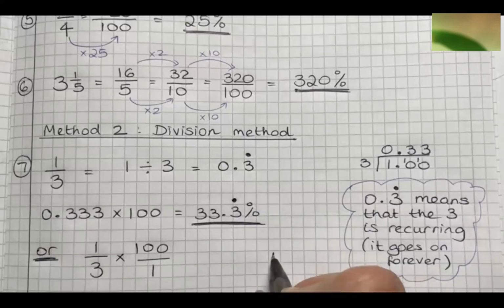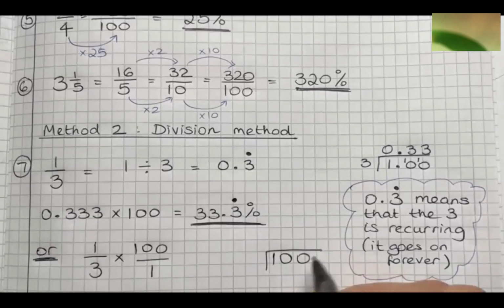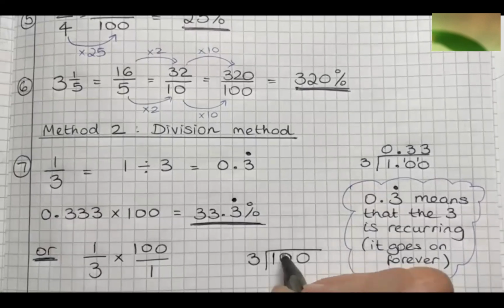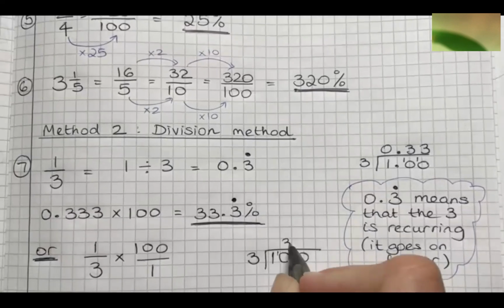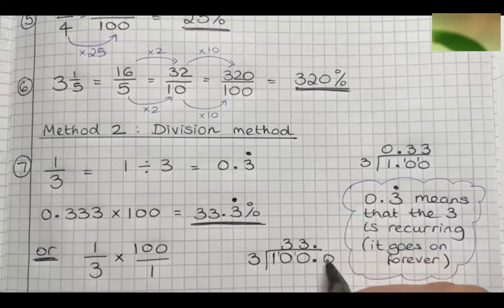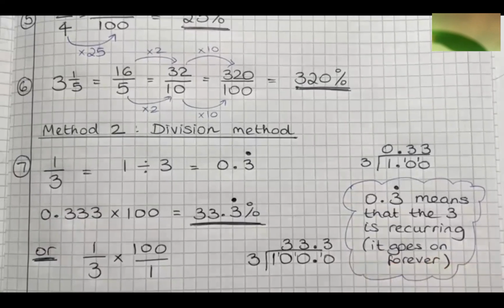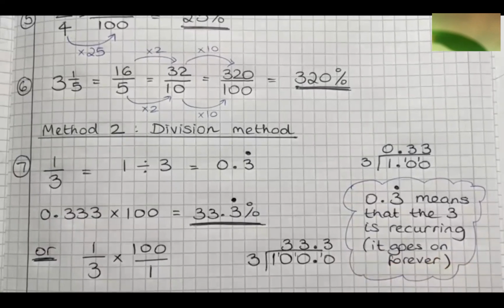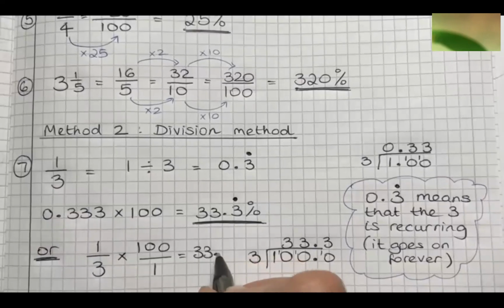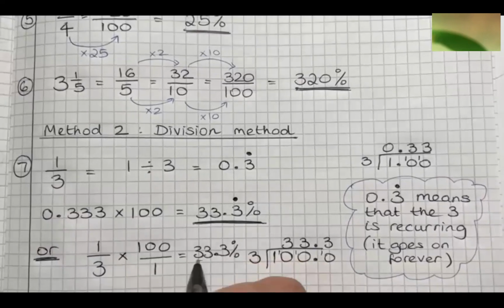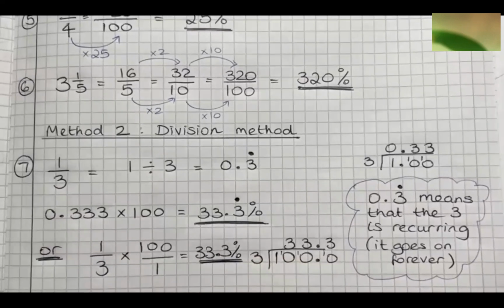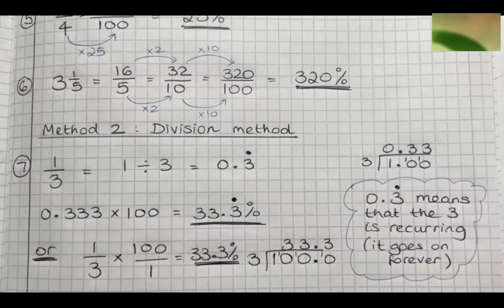So you would have 100 this time that is being divided by 3, and you would end up obviously with 33, and then the same thing, you would just keep carrying and you'd get the 0.3 there. Okay, so that's just an option as well, but you go straight in with your percentage there rather than converting to a decimal first.